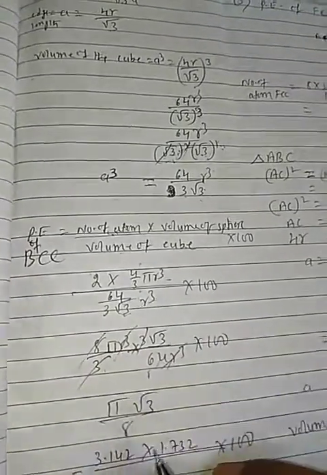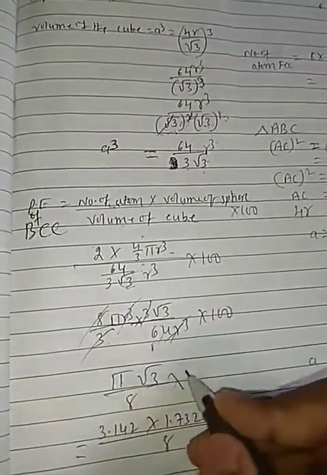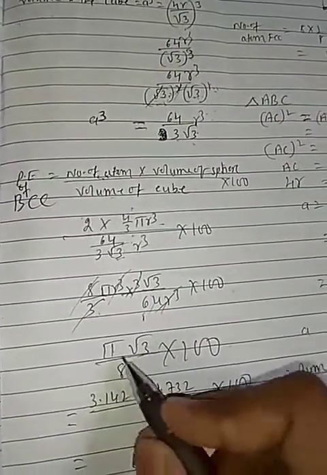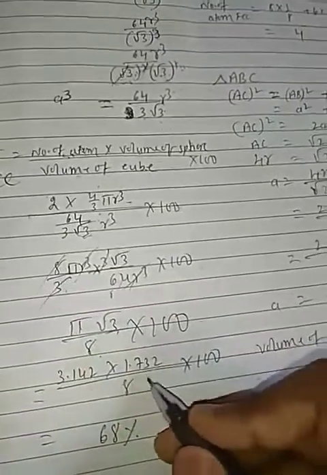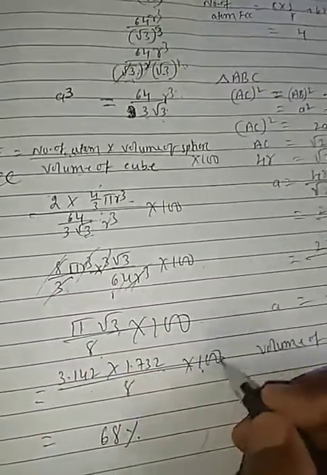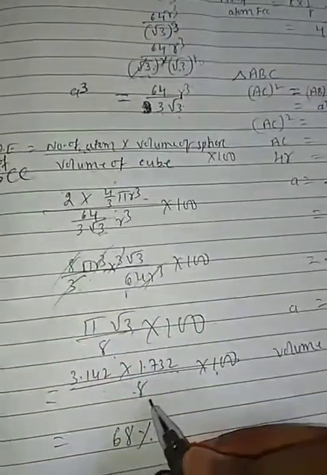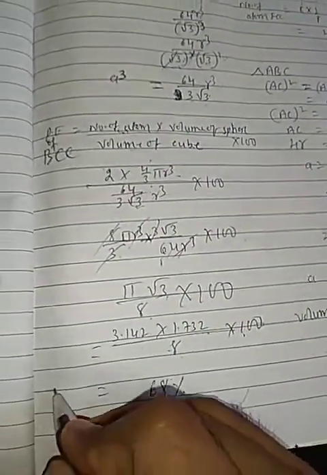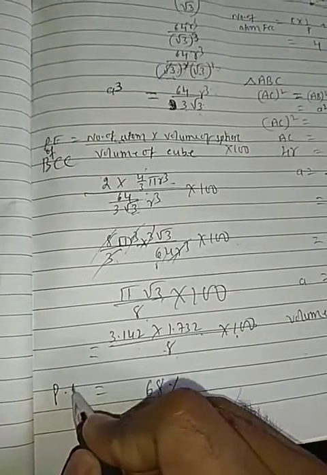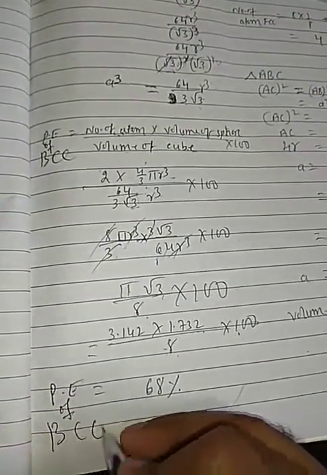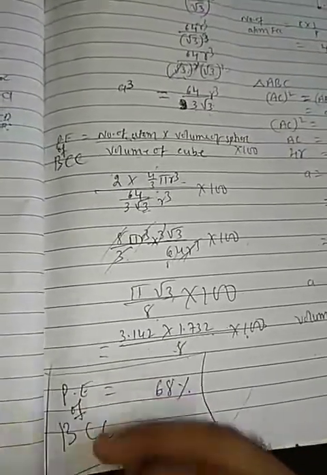We got pi into root 3 by 8. Pi value 3.14, root 3 value 1.732, into 100, by 8. So that is the packing efficiency of BCC, body centered cubic, this much.